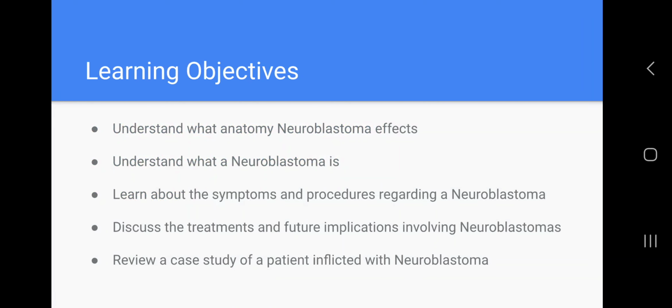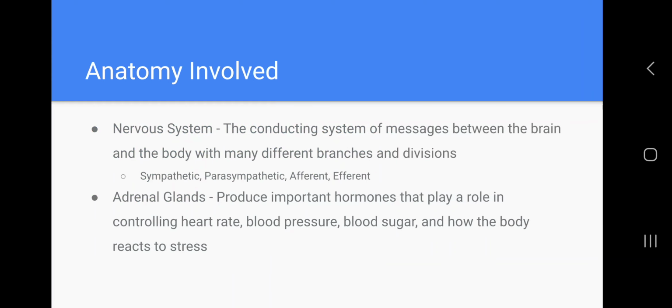So some learning objectives for this PowerPoint are for the listener to understand what anatomy or anatomical features neuroblastoma may affect, understand what neuroblastoma is in general, learn about the symptoms and procedures regarding a neuroblastoma, discuss the treatments and future implications involving neuroblastomas, and review a case study of a patient afflicted with neuroblastoma.